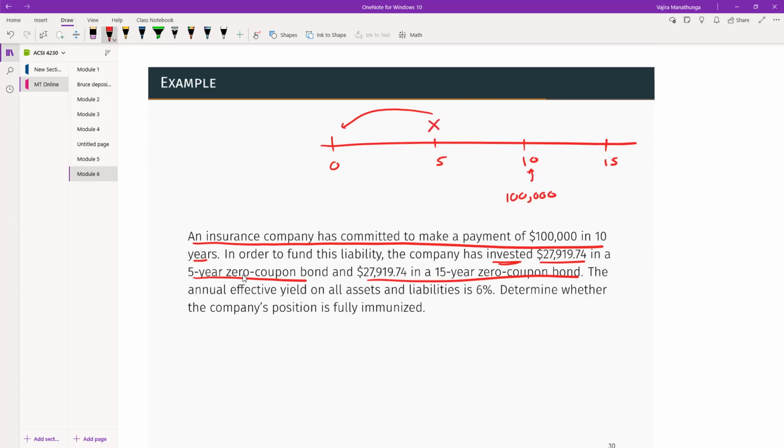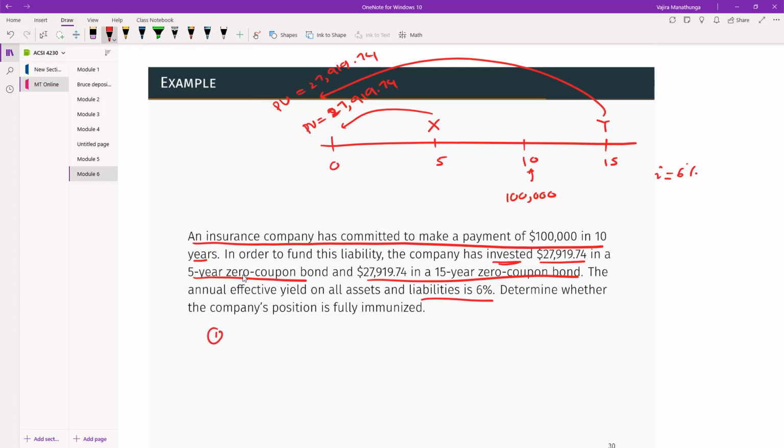In 5 years it's going to be some value X, but the present value is 27,919.74. The same for the 15-year bond, the present value is again 27,919.74. The annual effective yield on all assets and liabilities is 6%. So the rate i we are going to use is 6%. Determine whether the company's position is fully immunized.